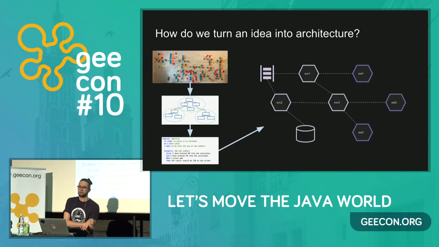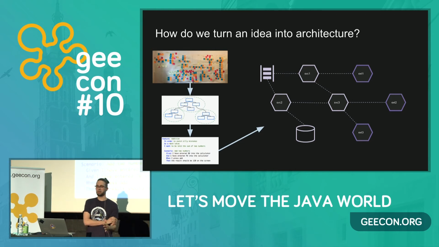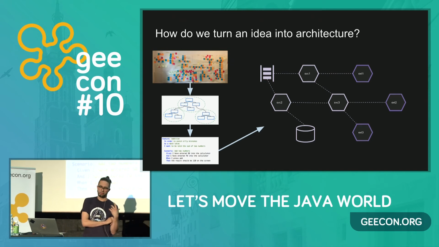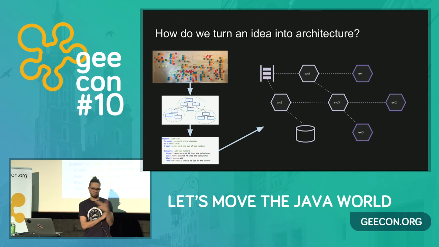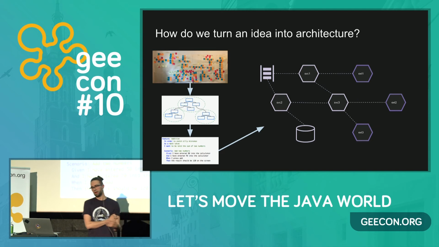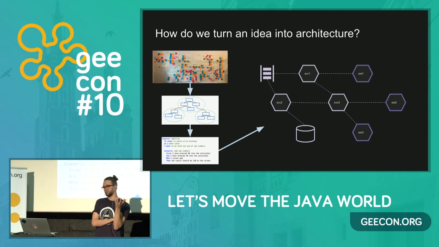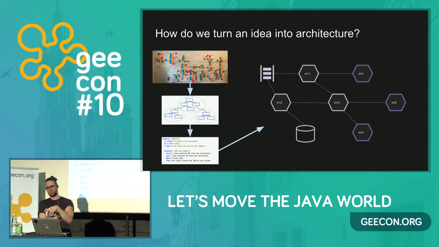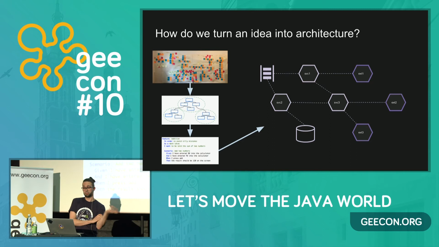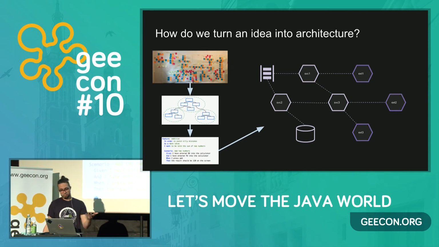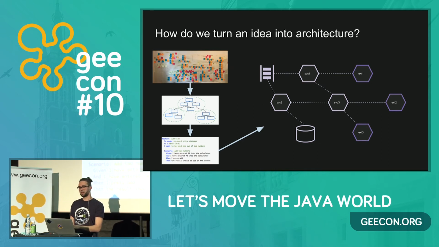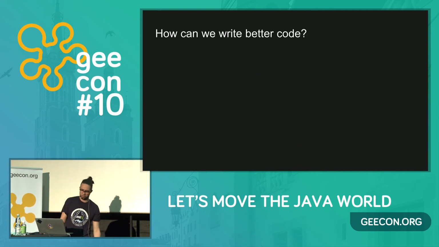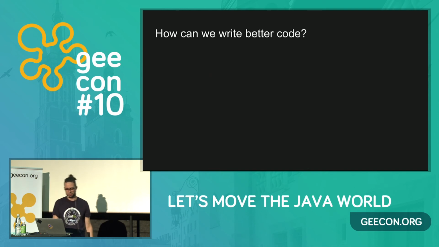How do we turn an idea into architecture? There are also plenty of ways to do it. The one that I am recently evaluating is domain-driven design and related concepts like event storming, where first you do event storming, you come up with a domain model, you turn the domain model into some executable specification using behavior-driven development, and then you can develop a beautiful architecture that does not involve any useless concepts.